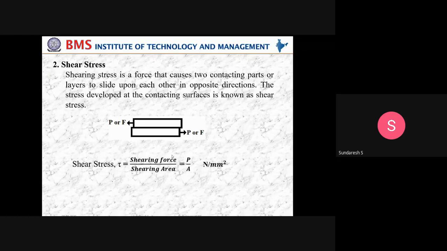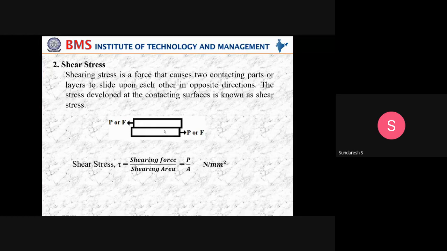The sliding in the sense that the topmost layer of a member is displaced to the maximum extent, whereas the succeeding layers below that will be subjected to smaller displacements. So we can see over here the two plates. These two are bonded together and you are applying a force in the tangential direction.